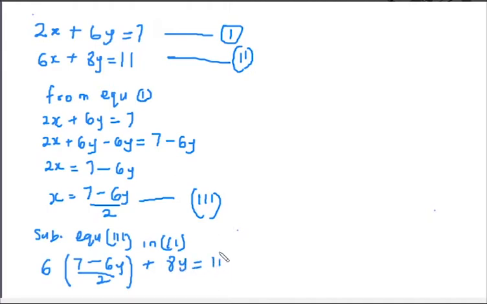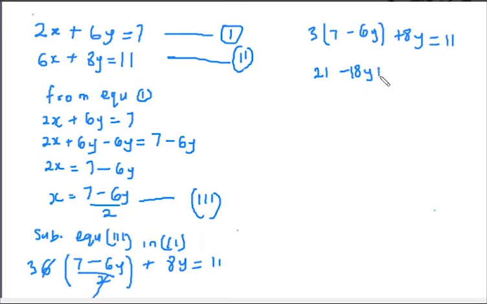And then dividing through, 2 goes into 6 three times, so our equation becomes 3 open bracket 7 minus 6y close bracket plus 8y equals 11. And then we have 3 times 7, 21, minus 3 times 6, 18y, plus 8y equals 11.